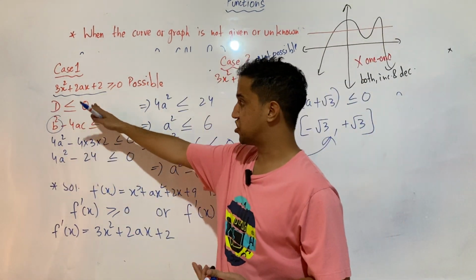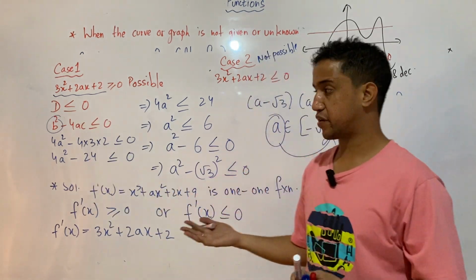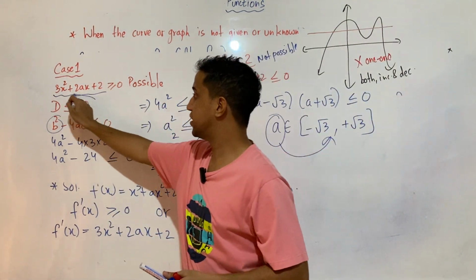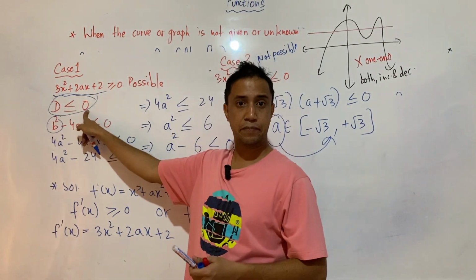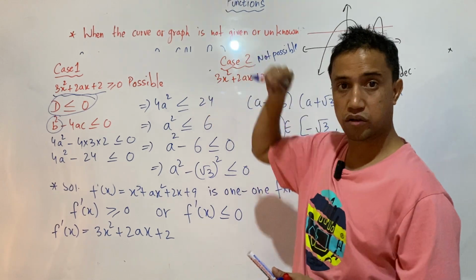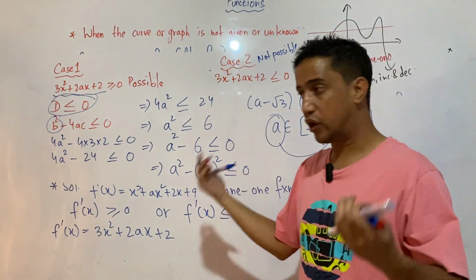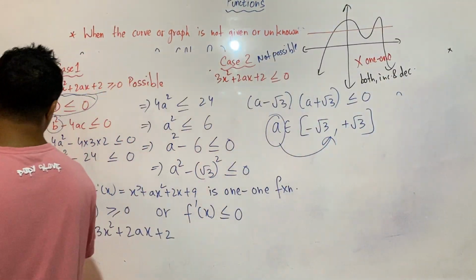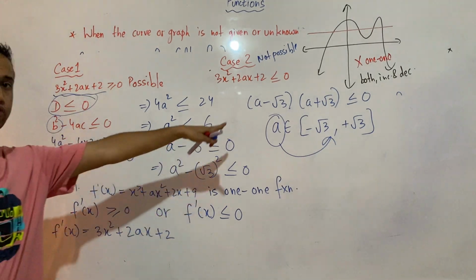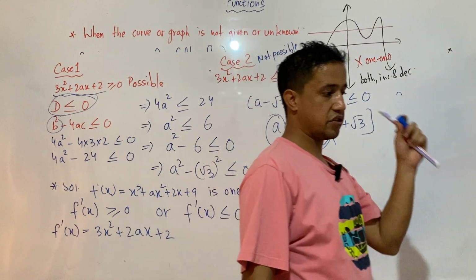This is only possible when your discriminant is less than or equal to 0. You also know what it means: when you have imaginary and equal roots, then the upward parabola case will be possible. So b square minus 4ac, we just did the calculations, and here we got this result.